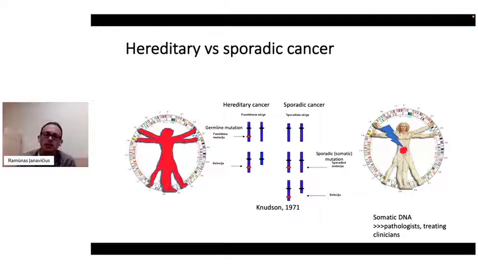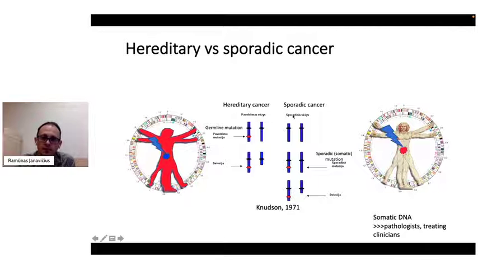So statistically, it's far more usual that any cell will acquire inactivation of the other so-called normal wild-type allele, and after that event, there is another cascade of molecular events which leads to a malignant phenotype.